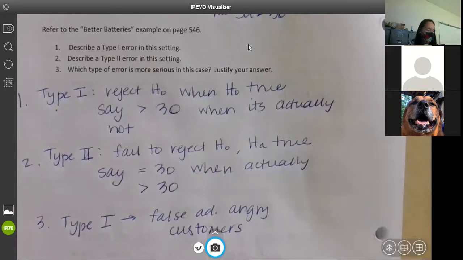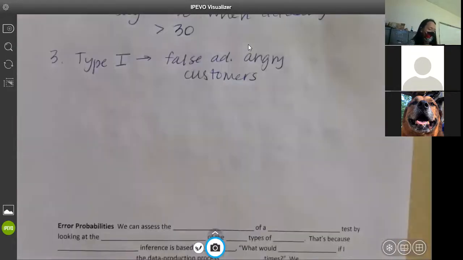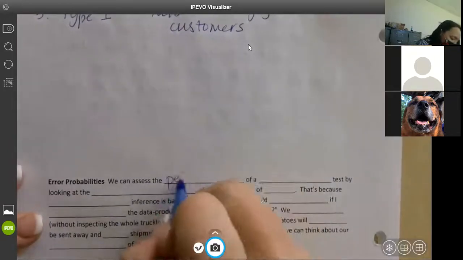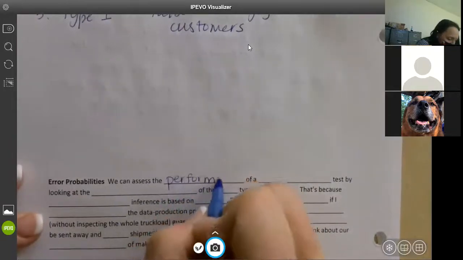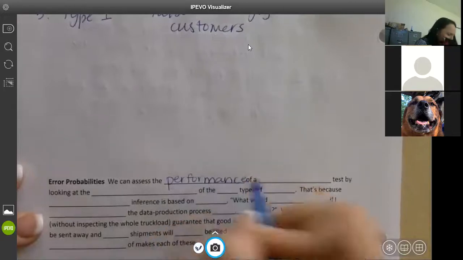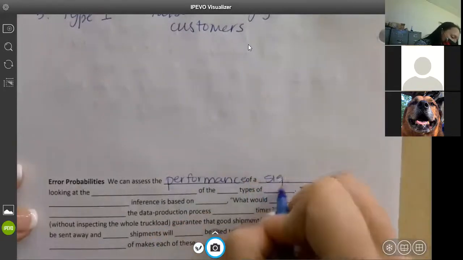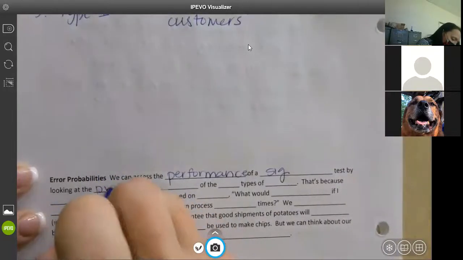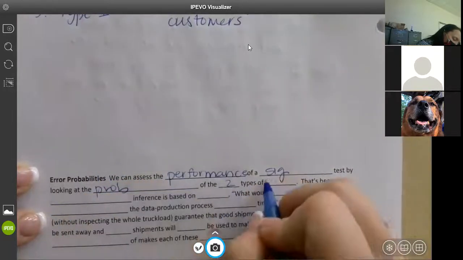All right. If we look at the bottom, we're almost done. Error probabilities. We can assess the performance of a significance test by looking at the probability of the two types of errors.